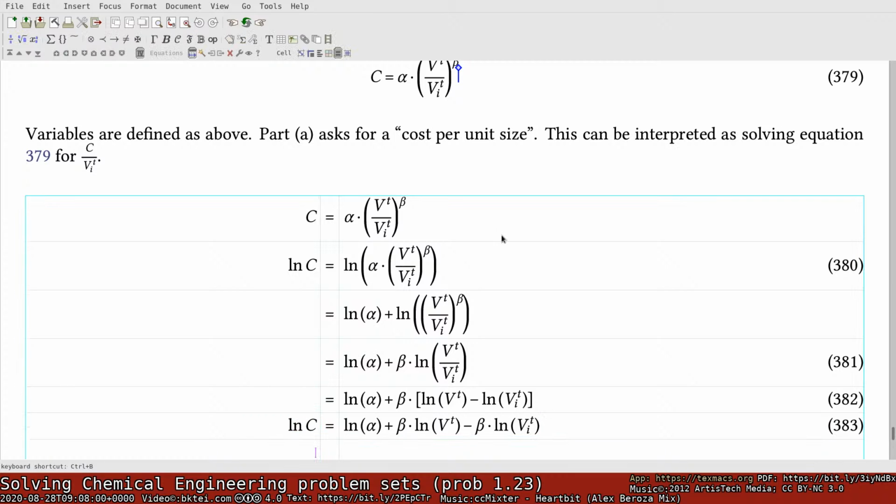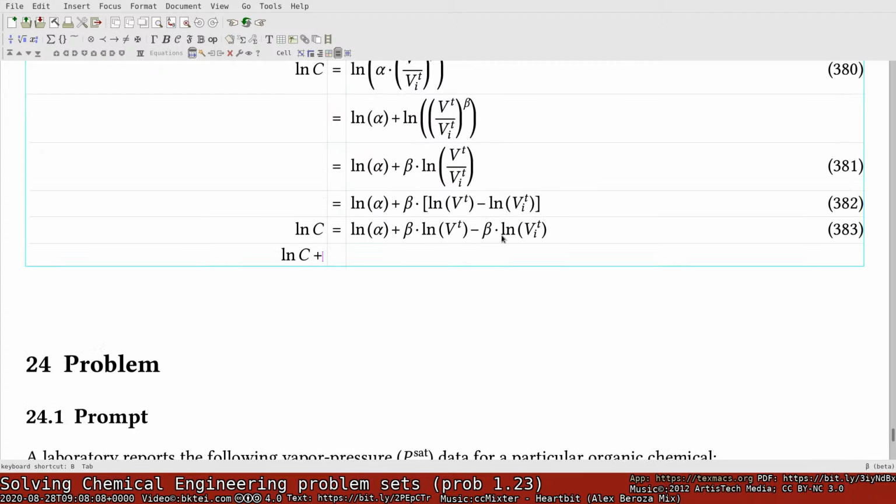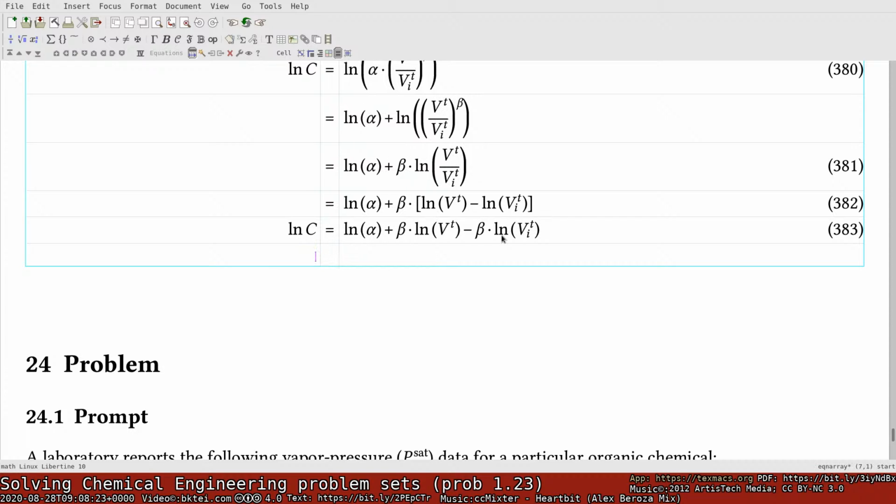And let's go ahead and subtract, or add, I guess, beta. Well, let's see. Do you want to divide by beta somehow? Yeah, let's do that.